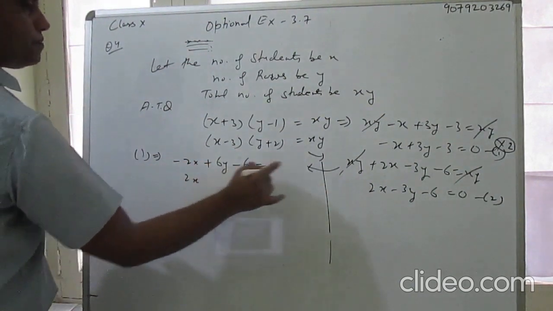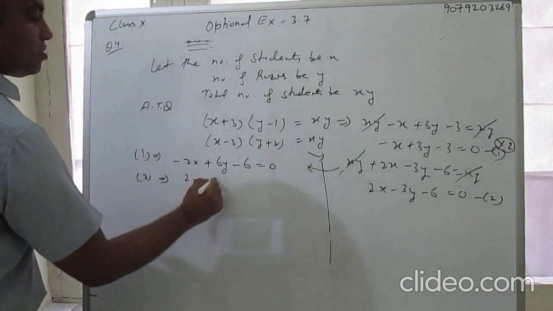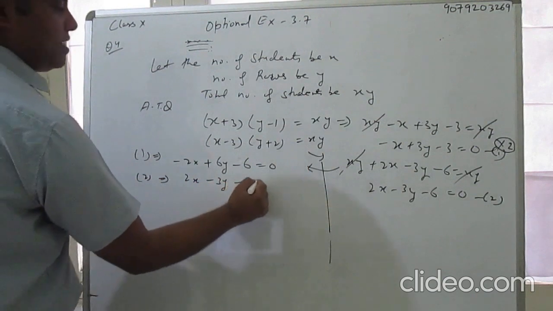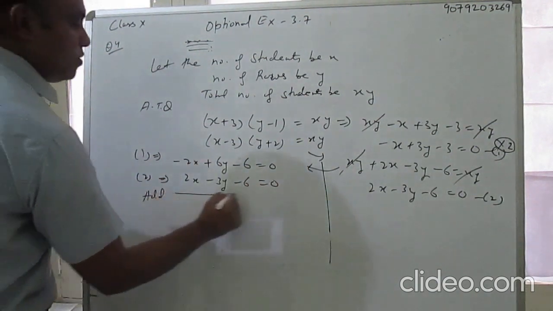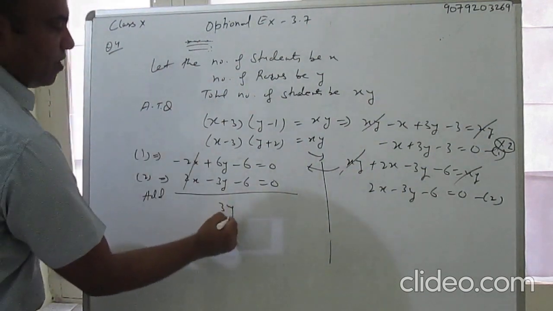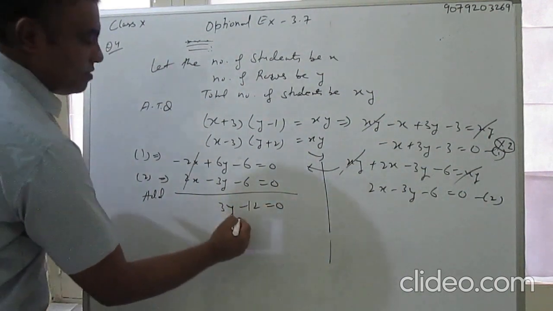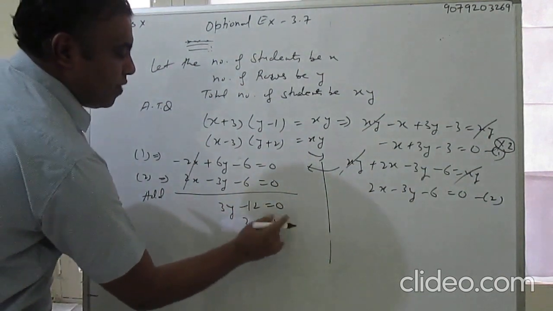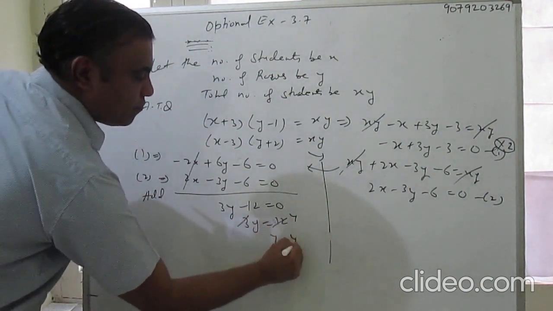Rewrite the second equation as it is: 2x minus 3y minus 6 is equal to 0. If you add, this is cancelled out, this is 3y minus 12 is equal to 0, and 3y is equal to 12. So y is equal to 4.